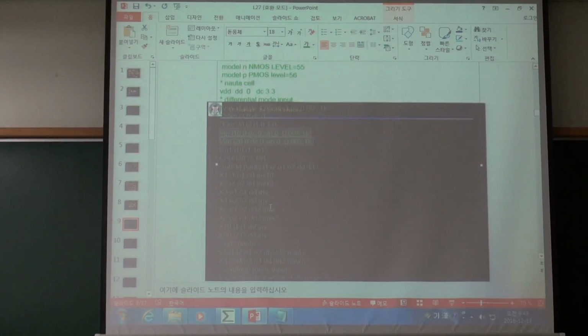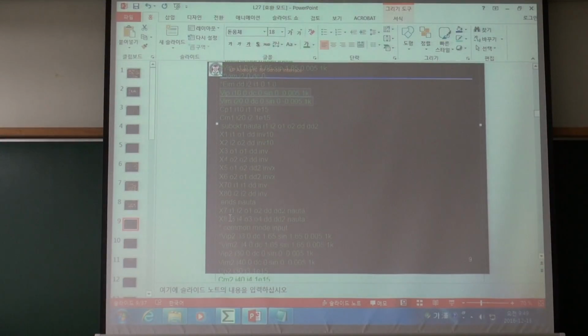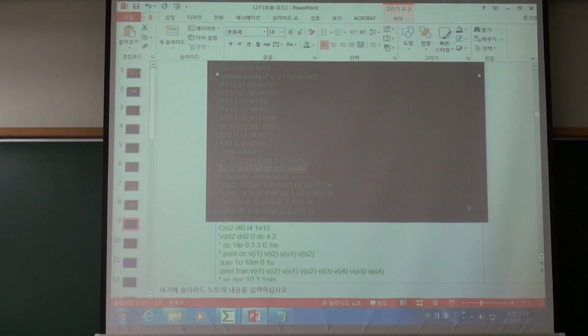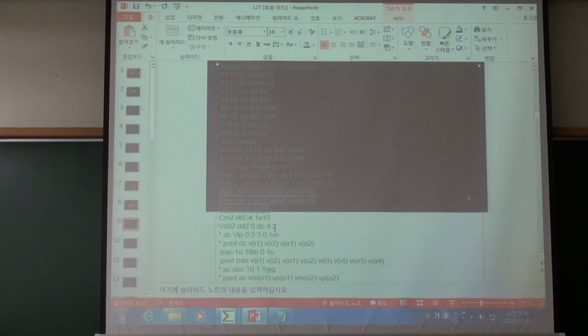And for this X8, I3, I4, I will apply common mode input, okay? Here, through capacitor. So in O3, O4, I will have a common mode output. O1 and O2, I will have a differential mode output, right? Okay? And then I will change this VDD2. So this time this is 4.2, or too large maybe. Okay, let's just simulate this one.